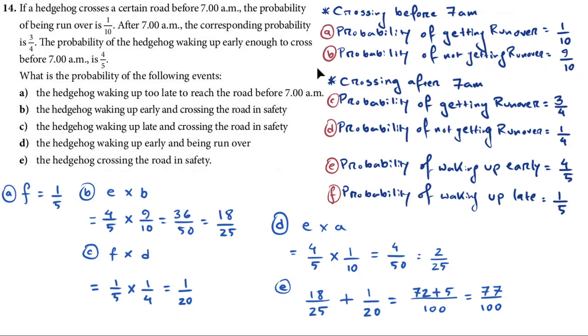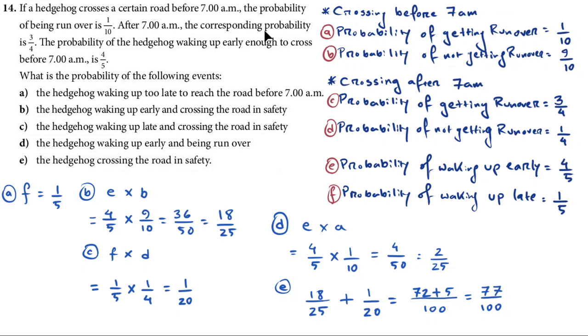Now it also says that after 7 a.m. the corresponding probability is 3 by 4. So that means crossing after 7 a.m., probability of getting run over is 3 by 4. As the question says, after 7 a.m. the corresponding probability is 3 by 4. So what does it mean by corresponding probability?